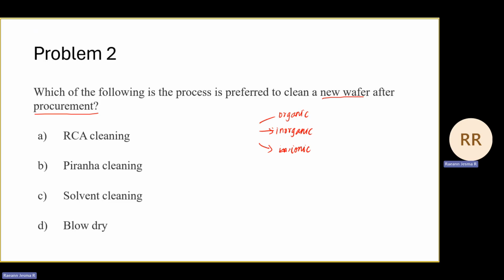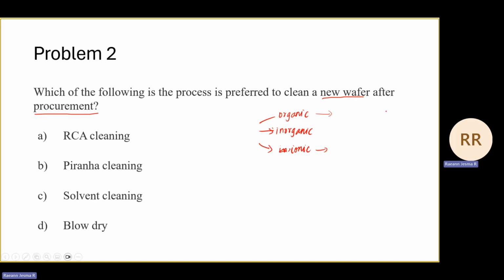So we want to avoid all these kinds of contamination, but in general ionic contaminants are the ones we most want to avoid. Then the second worst contaminant is organic contaminant. This organic contaminant can come from a human person, like from fingerprints.